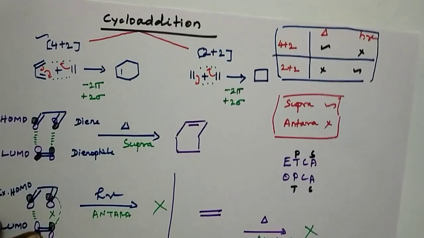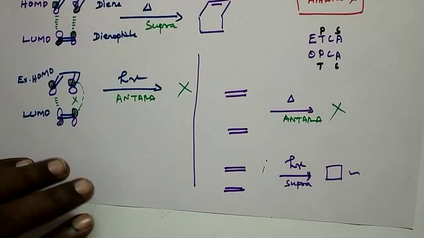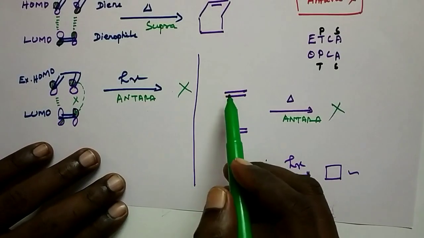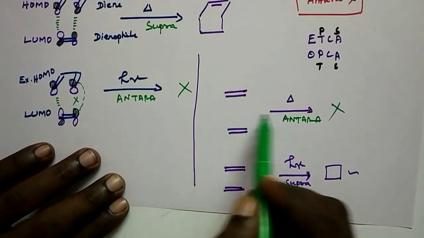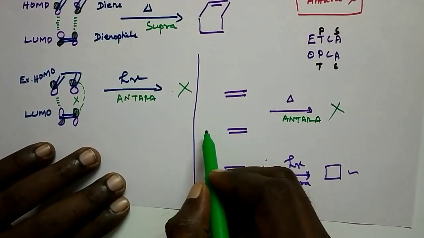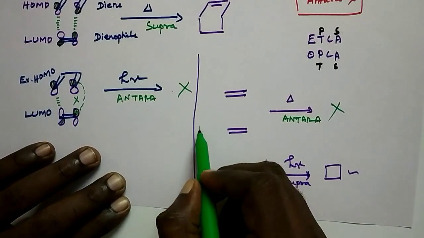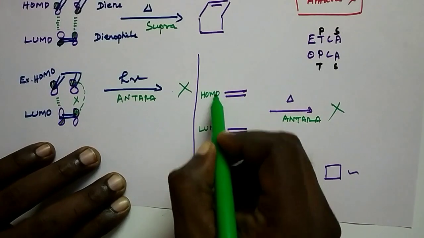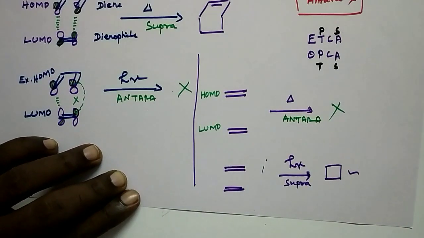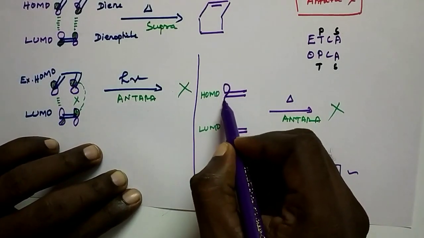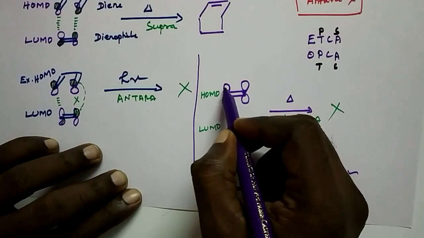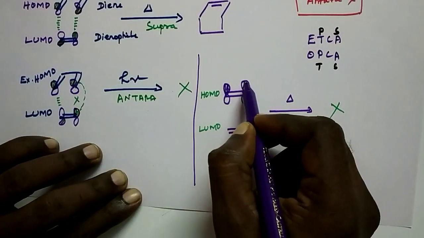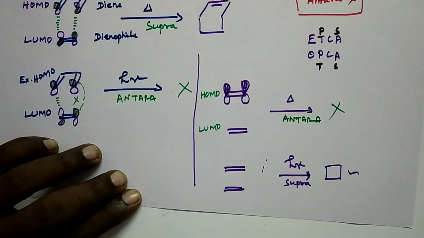Photochemically allowed. For further explanation, just for clarification, for thermal you should use what? HOMO and LUMO, isn't it? LUMO and HOMO. How will the HOMO be? HOMO is symmetric always for an odd number of pi bonds.